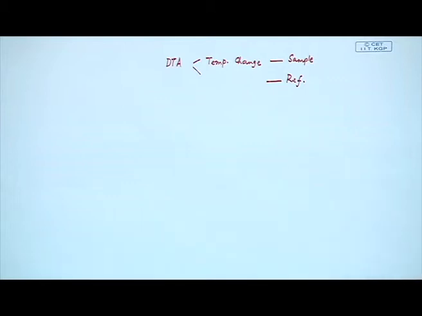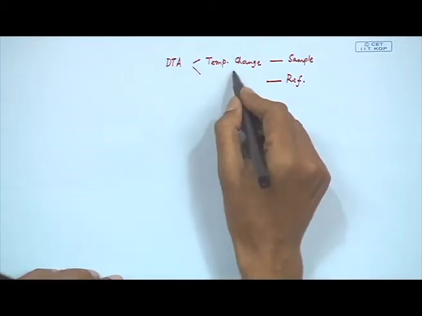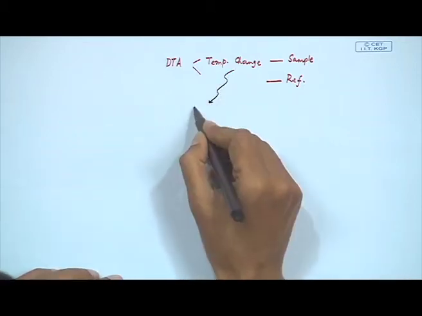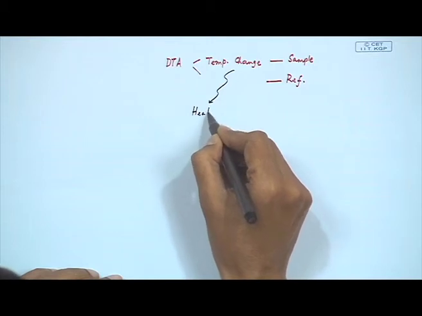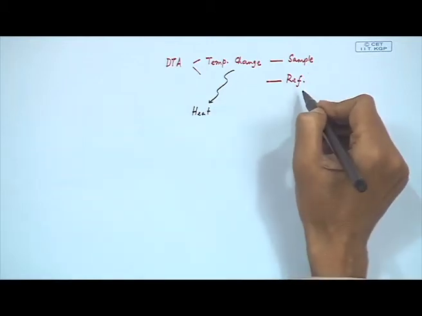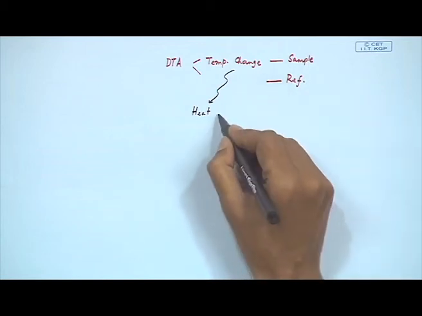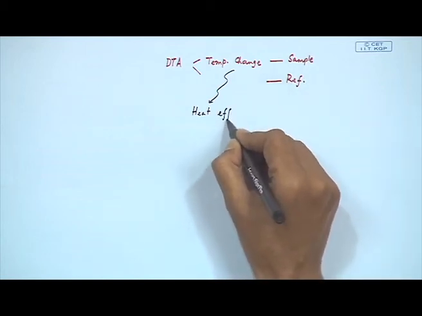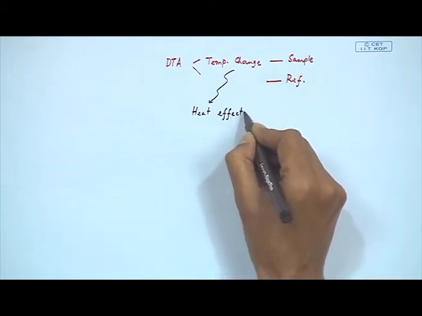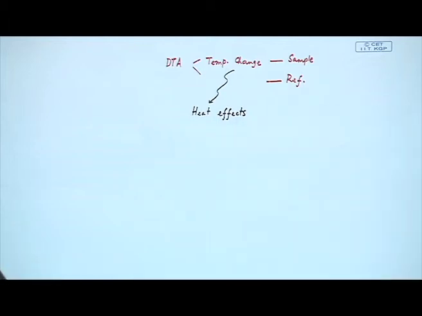What we are basically looking for in this temperature change are the corresponding heat effects, because we are heating the sample as well as the reference within the same furnace. So, we will now try to monitor the heat effects, and how much heat we give to the sample or the reference is responsible for the corresponding change in temperature.